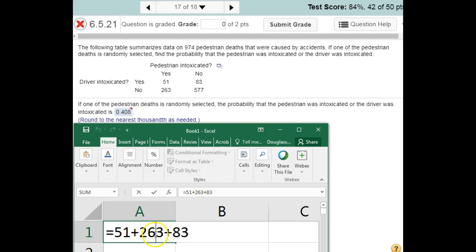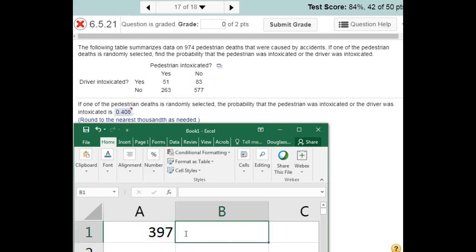So those three numbers together account for all the deaths that involved someone being intoxicated. And so if we just take that number out of the total, which is 974, we get the probability that one of these randomly selected deaths involves someone that is intoxicated, and there is the probability.